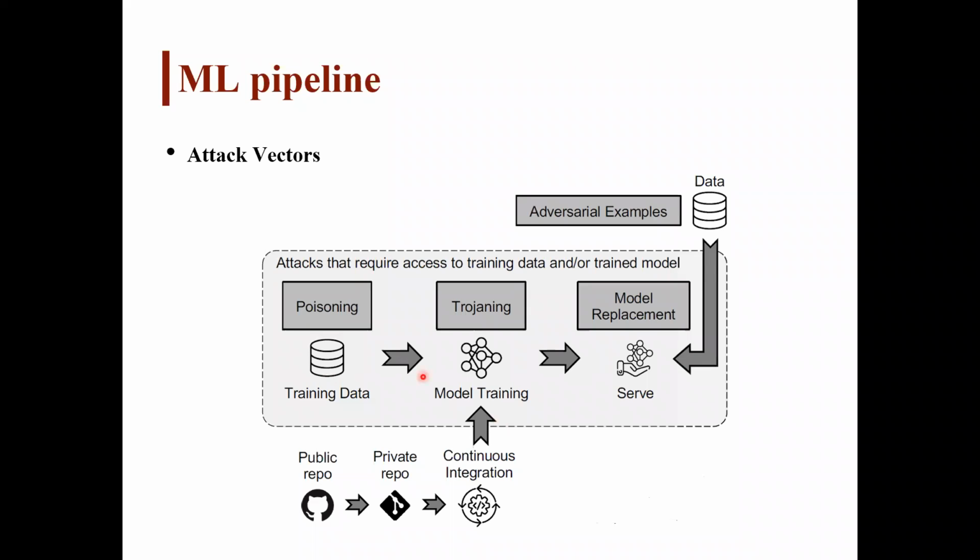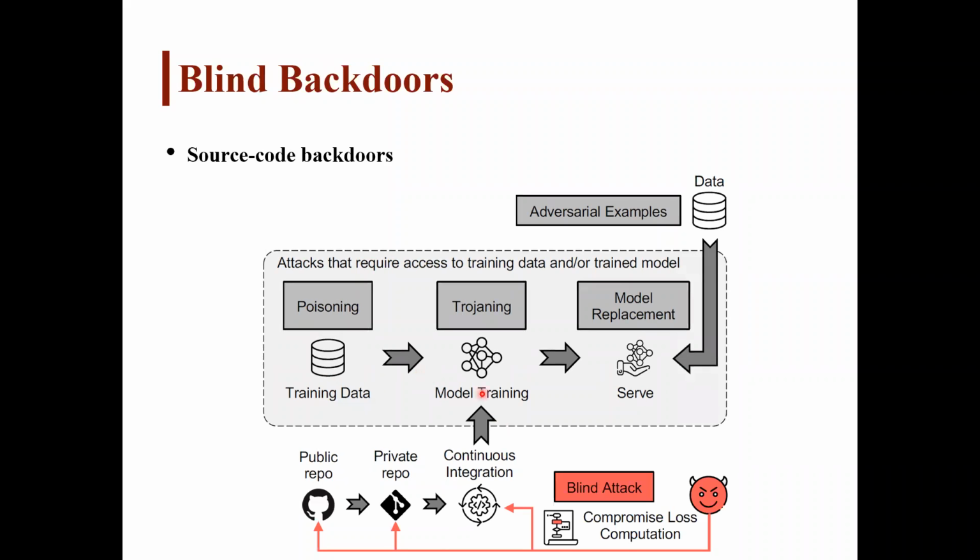But in this paper, the authors propose a new paradigm: whether we can do source code based backdoor attacks, where the attackers directly inject some code sections into the open source code of different machine learning algorithms, so that every model trained with the backdoored source code becomes a backdoored model that outputs the prediction result the attacker expects.